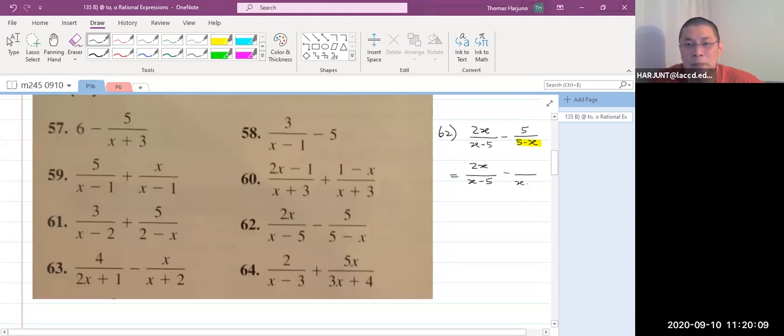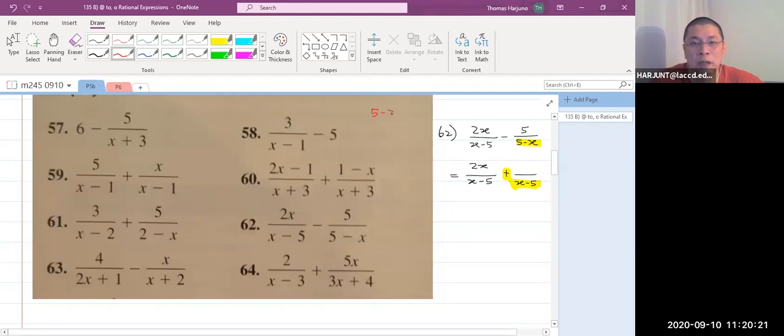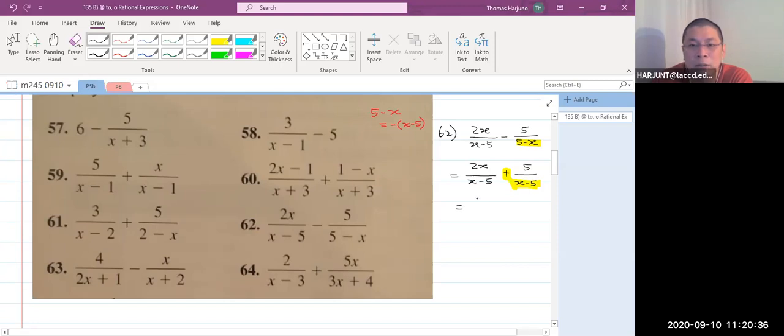Now, once I flip that, then I change the sign here. Okay, now why is that, Thomas? Well, because 5 minus x is equal to the negative of x minus 5. If you reverse the order of subtraction, we get the opposite sign. Okay, and from here, we just simply put them together, and there's nothing to factor, nothing to simplify.